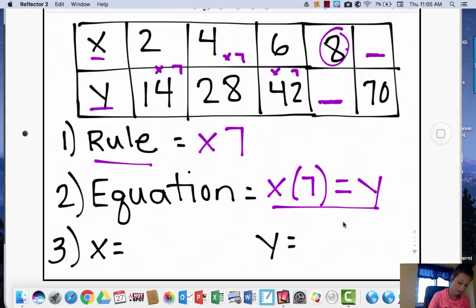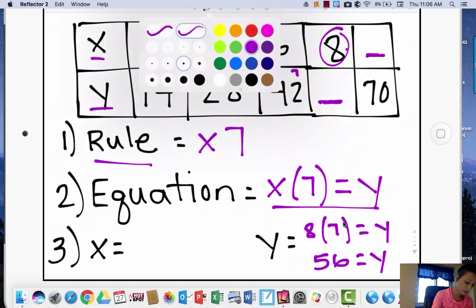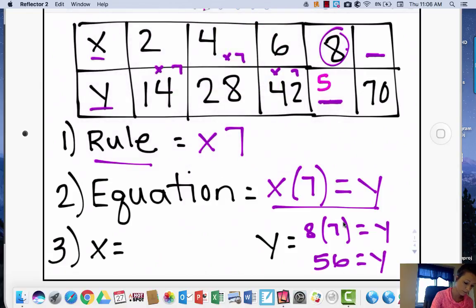So I have 8 times 7 equals y. Well, I know that 8 times 7 is 56. And there it is. So when x equals 8, y is going to equal 56.